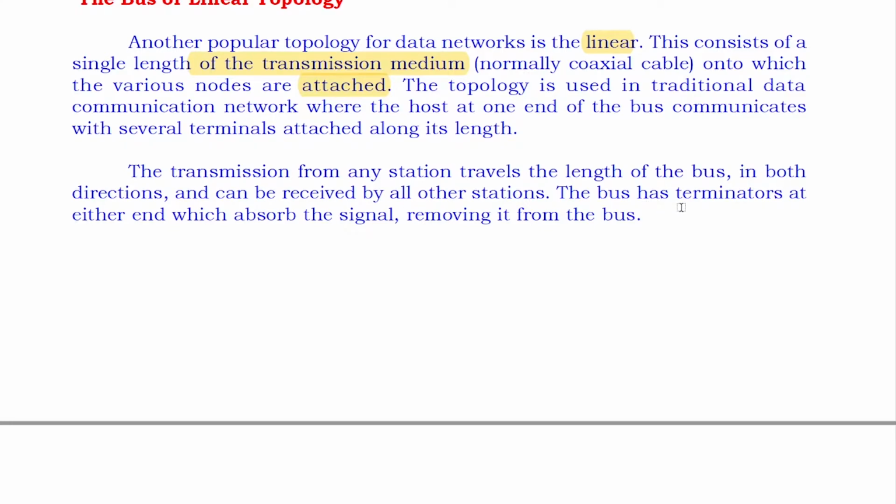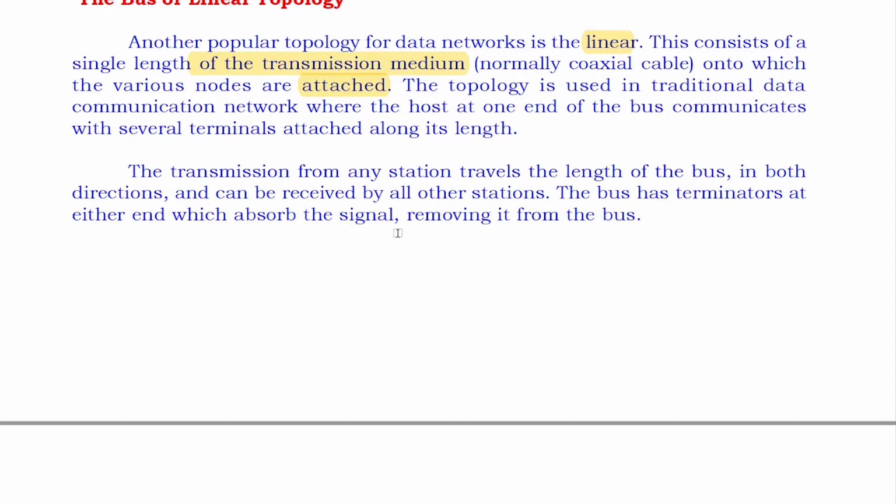The bus has terminators at either end, where the common cable reaches the dead end. That helps to identify the electrical signals that we have reached the dead end, and the terminator absorbs the signals, removing them from the bus. If a signal reaches the dead end, it is automatically absorbed and removed from the bus, so that signal will be lost.